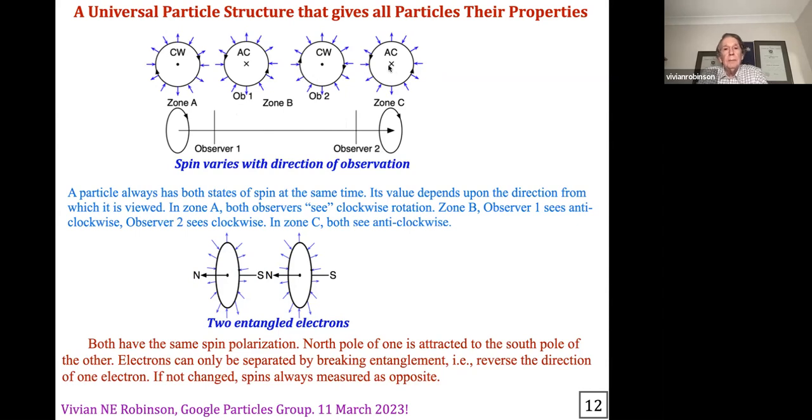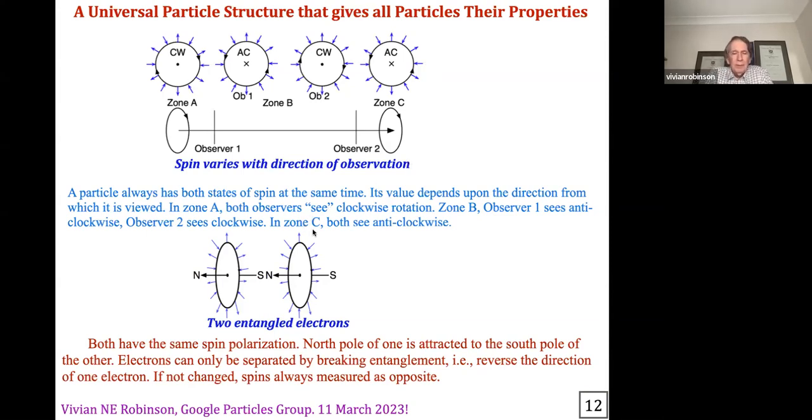And in zone 3, both observers will see it rotating anti-clockwise, even though it's continuing to rotate in the same direction. So use that as a further illustration that spin is just the other side of the page image of the same particle.